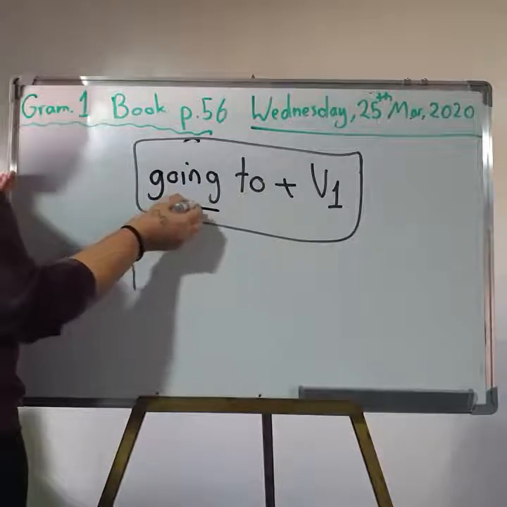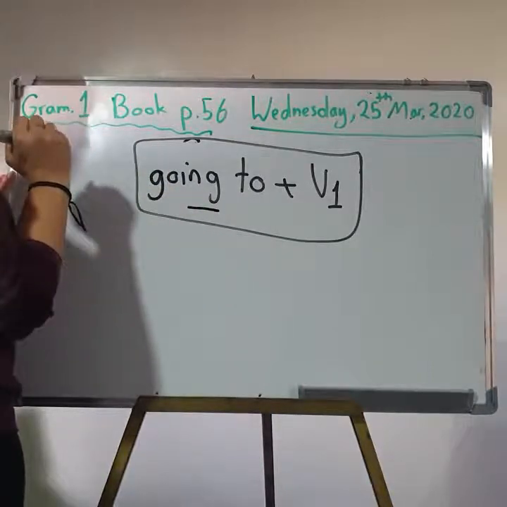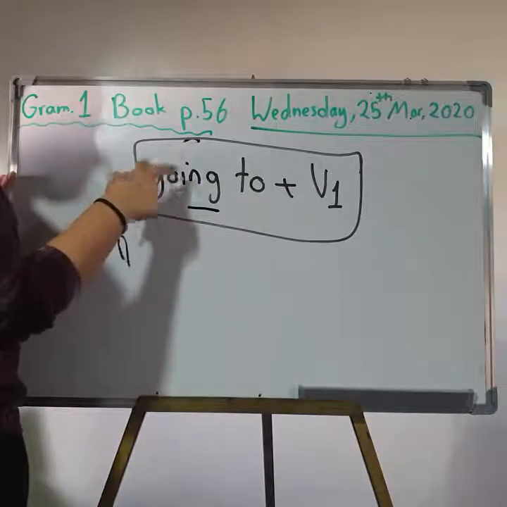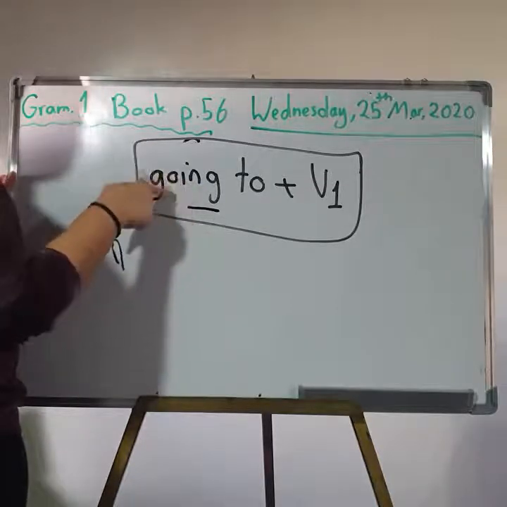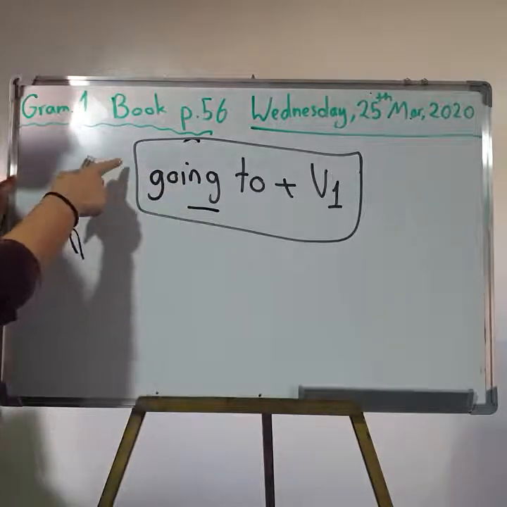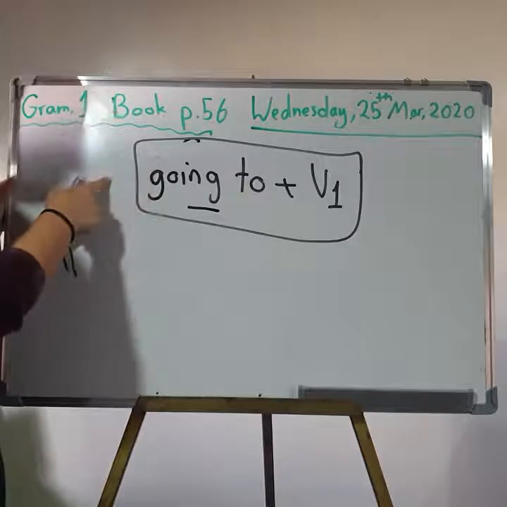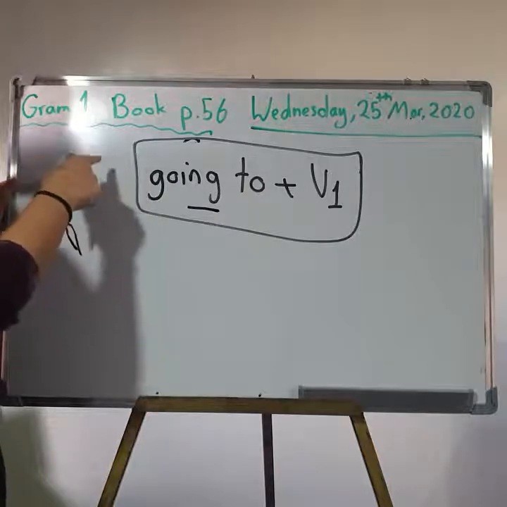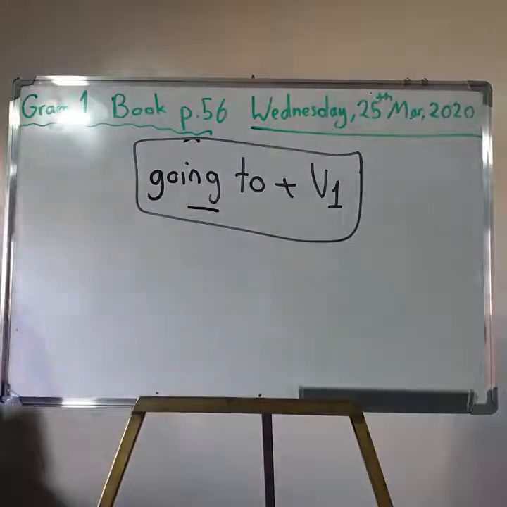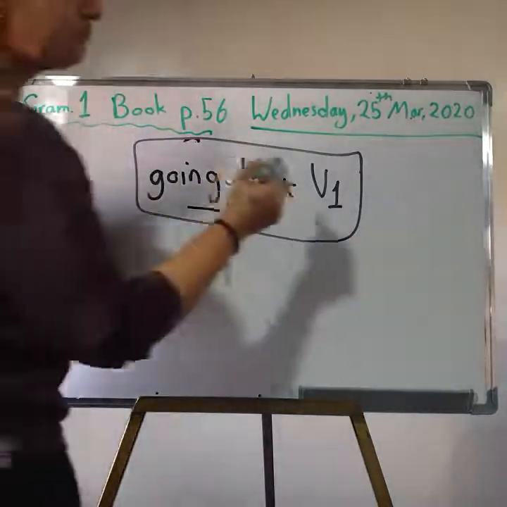Why do I need to put a helping verb with going to? Because I have ing, and you know that when ing comes to the verb, it cannot stand alone in the sentence. It needs a helping verb before it. And you know what the helping verbs are? They are is, am, and are. You already know them, but I will remind you.